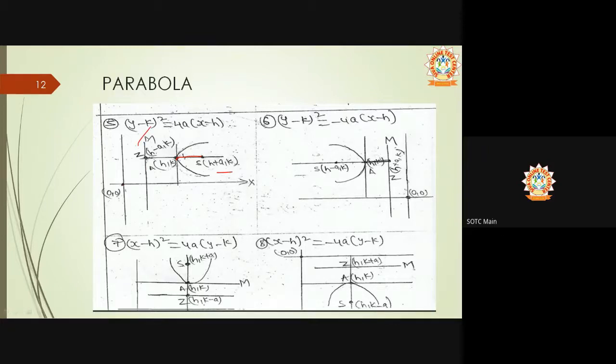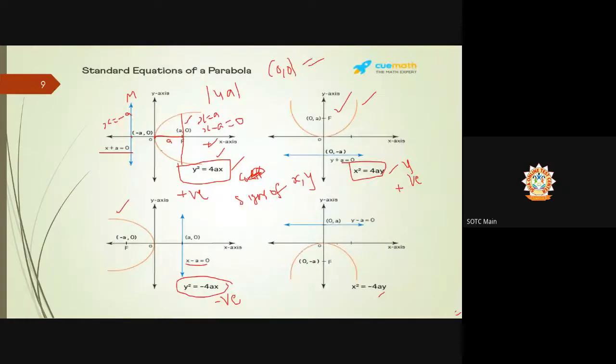What you need to remember from this is, first, your center or vertex. If you imagine this diagram, you will know how to remember it. So center or vertex: in case of y square is equal to 4ax or x square is equal to 4ay, if there is no h comma k, then the center is 0 comma 0, right?